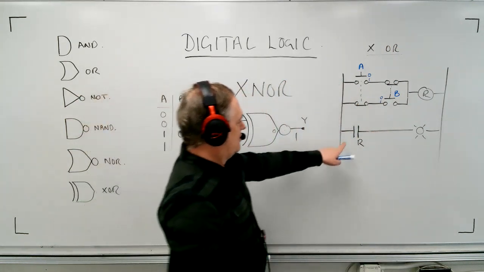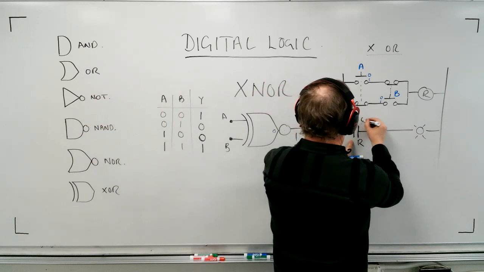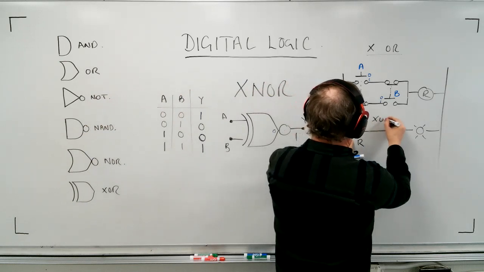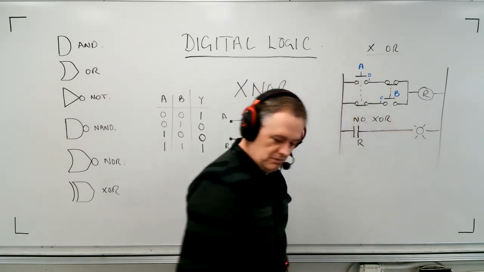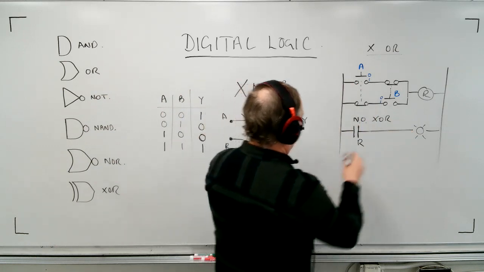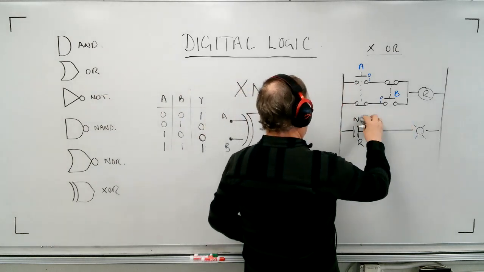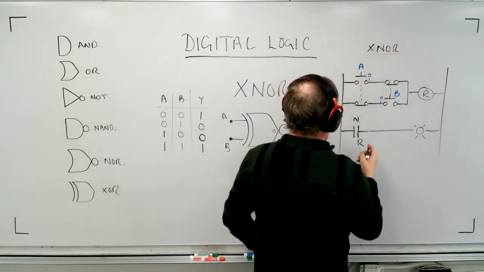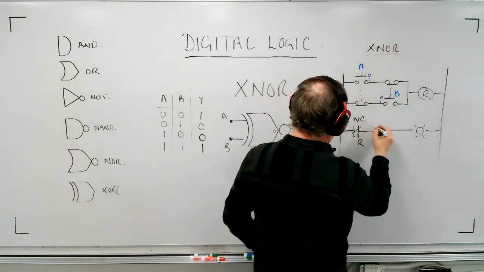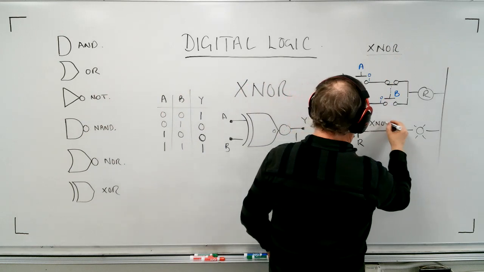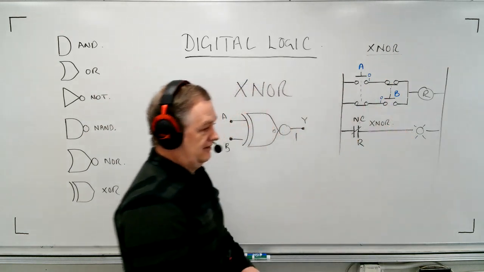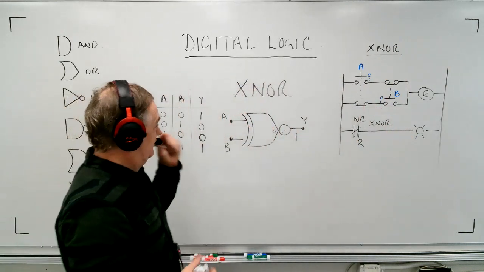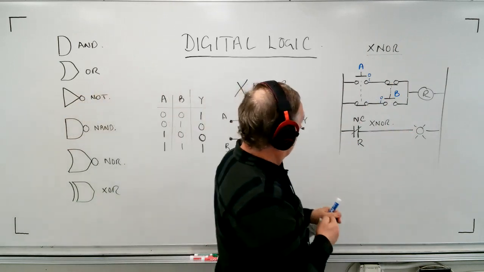So XOR, normally open. And if we move to XNOR, then normally closed, like that, okay? And it's actually a component, it's a hardware issue at that point to make sure that you get it to work properly.